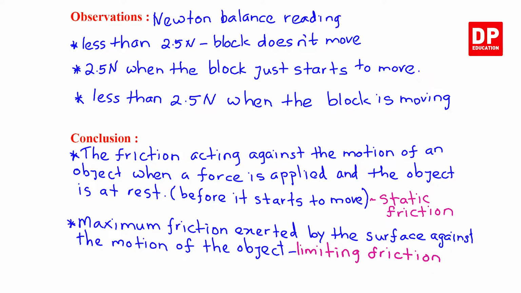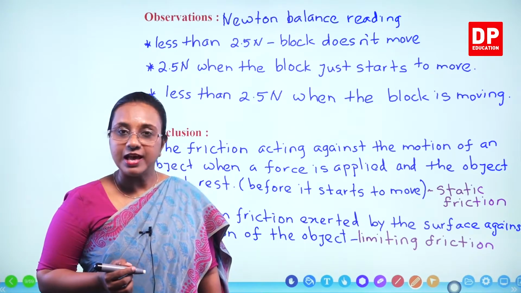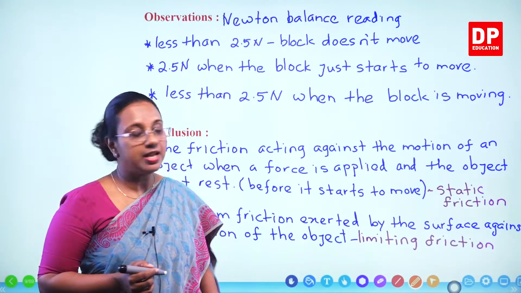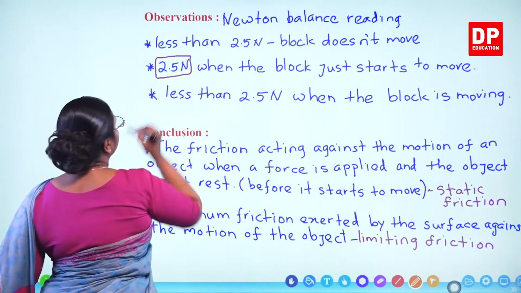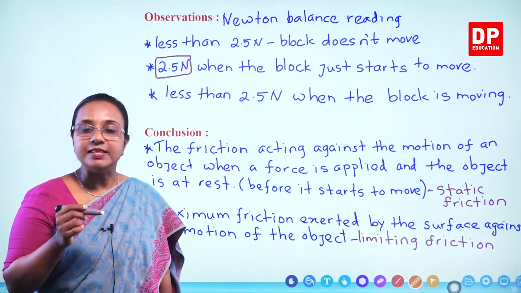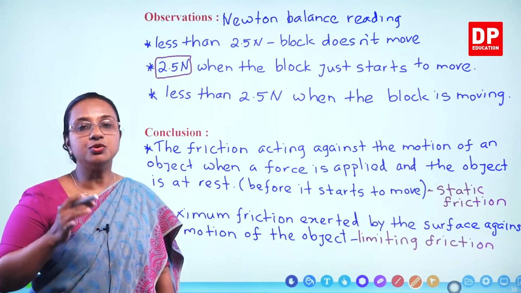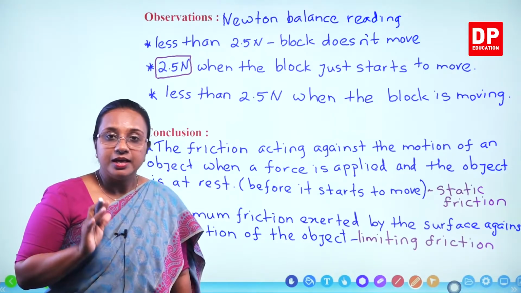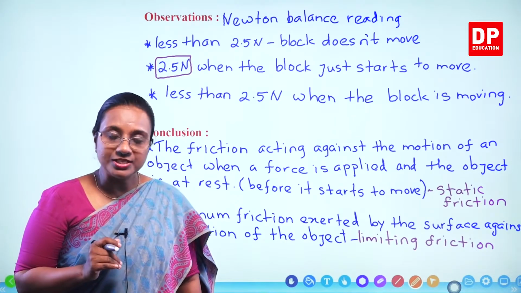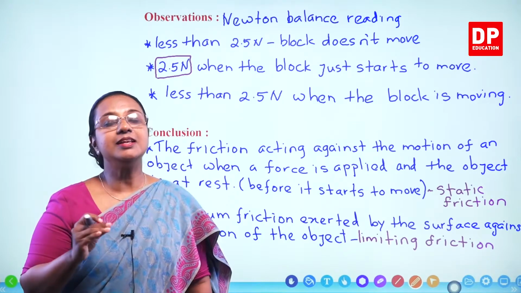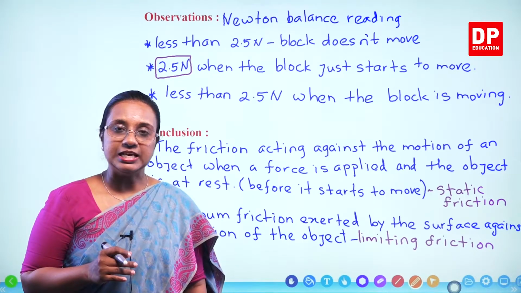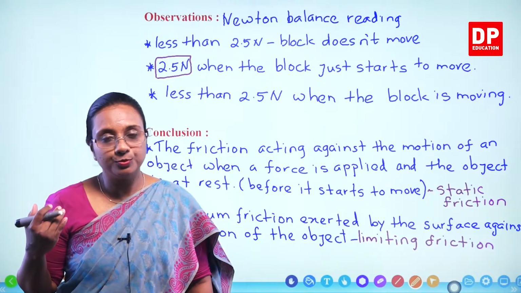And in this activity, we got the value for limiting friction as 2.5 Newton. That is when the block just starts to move. If you look at it closely, students, when we exceed the limiting frictional force only, the block will start to move.